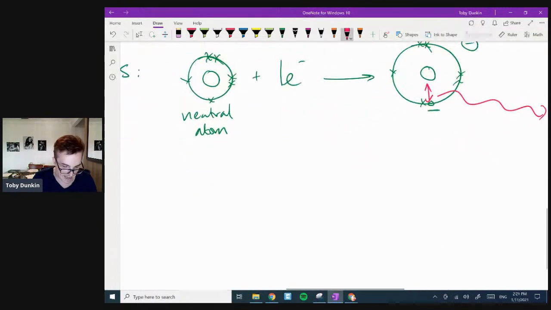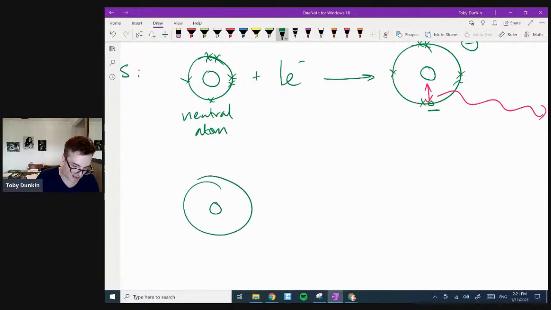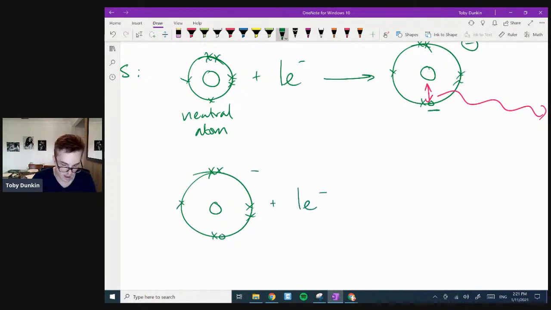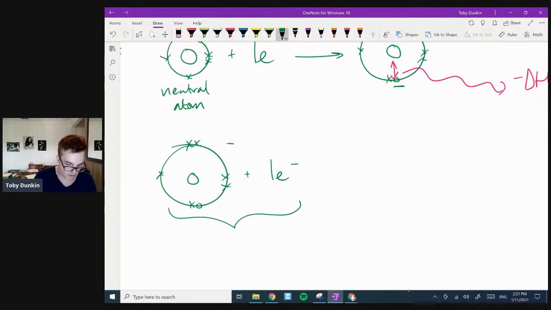But in the second electron affinity, we're going from a fully negative ion and trying to get it to gain another electron. What that means is you now have a huge amount of electrostatic repulsion. And this is the answer, electrostatic repulsion.